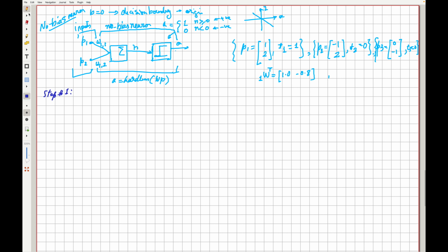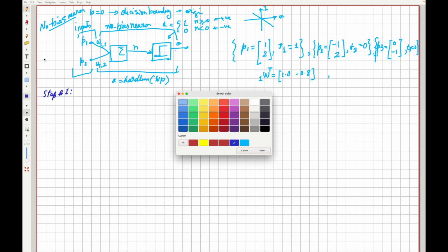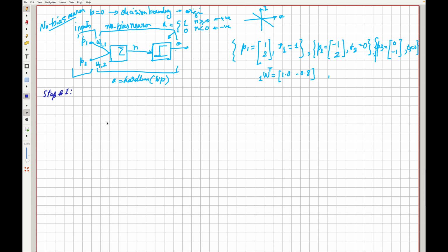So let's try and calculate the value of a with this W that we have. So we write a is equal to hardlim, and here we again use the same setup, which is 1W transpose P1, and that's the W we have, and P1 is the P1 that we have right here, which is (1, 2).